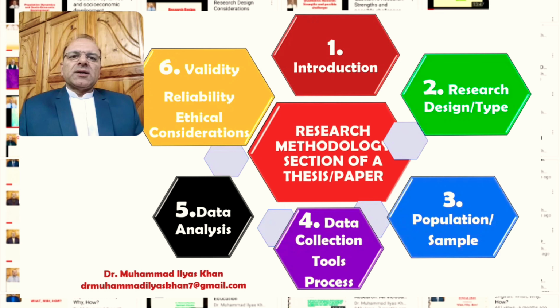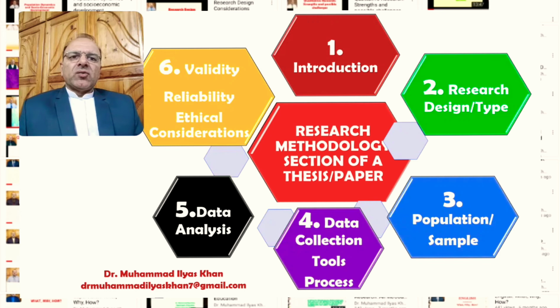The next section that is generally very important to be included in the research methodology section is the section that describes the validity, reliability, and ethical considerations of the research process. So how was the research process validated? What procedures were taken in order to get valid data through valid research tools and then analyze using valid methods?